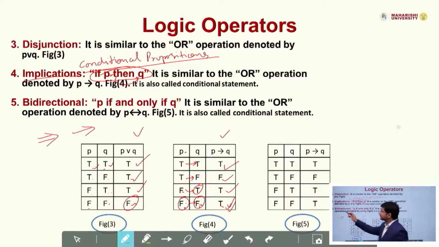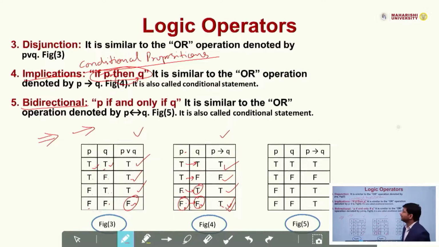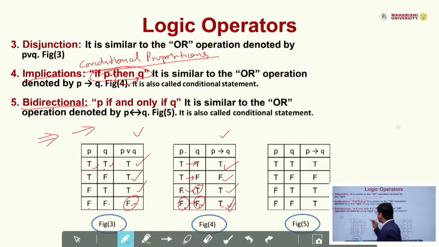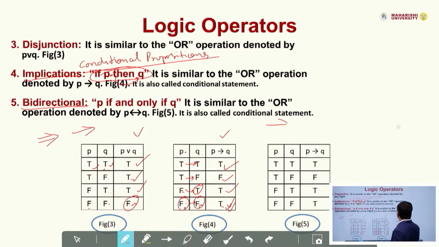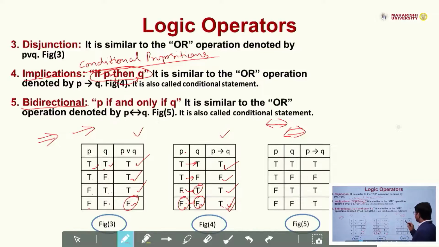Now the next logical operator is the biconditional. It is represented by the implies and is implied by sign. What is that actually? P implies Q. So true implies and is implied by true.